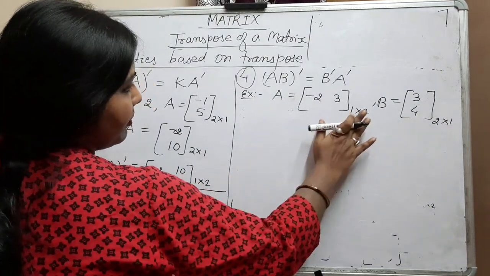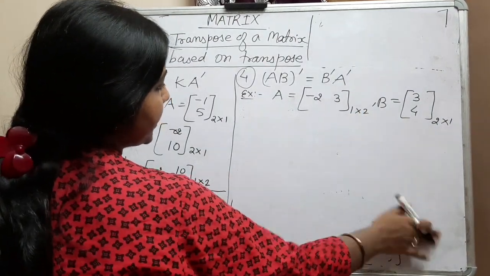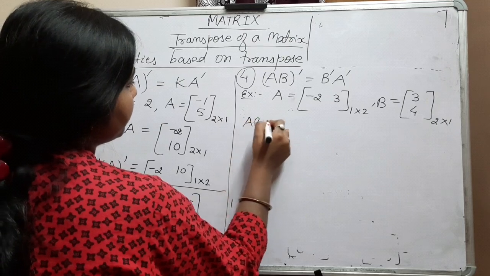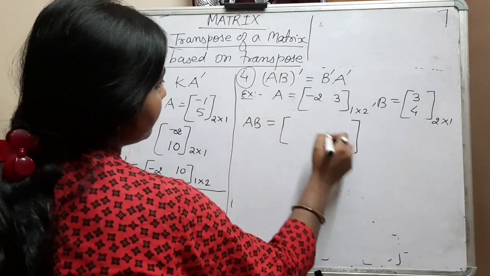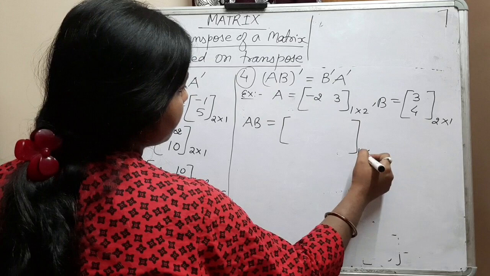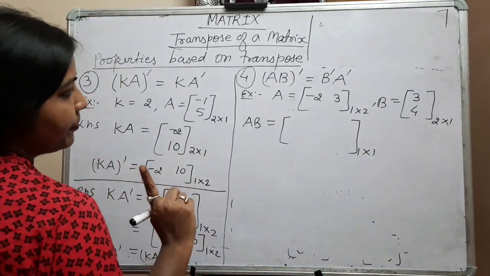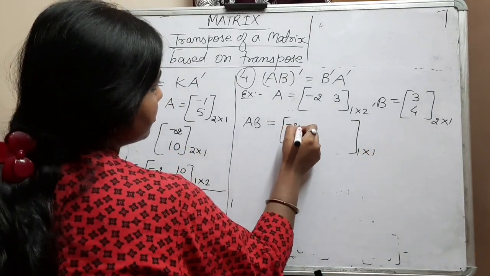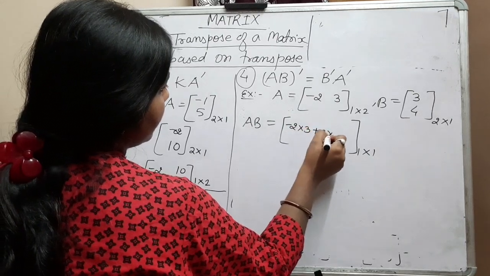Now we can find the resultant A into B. It will be of order 1 by 1, 1 row, 1 column. So minus 2 into 3 plus 3 into 4.